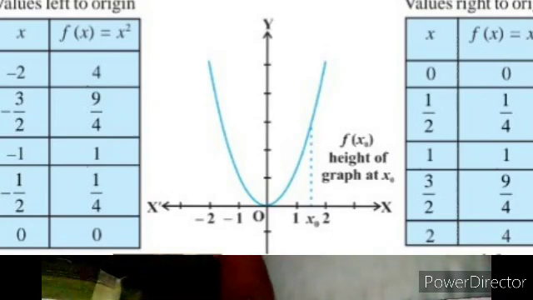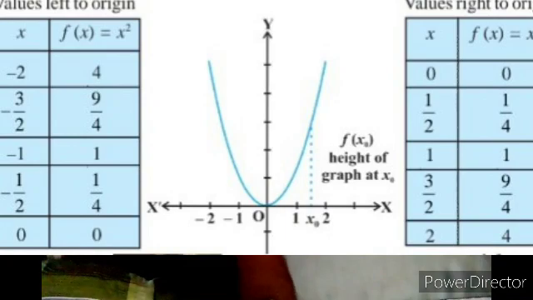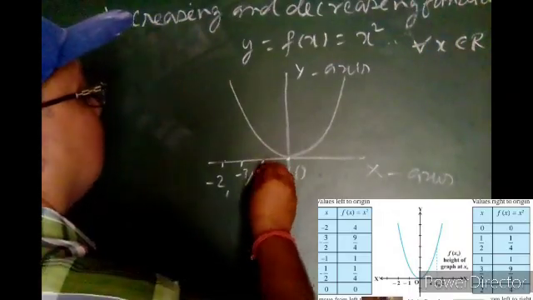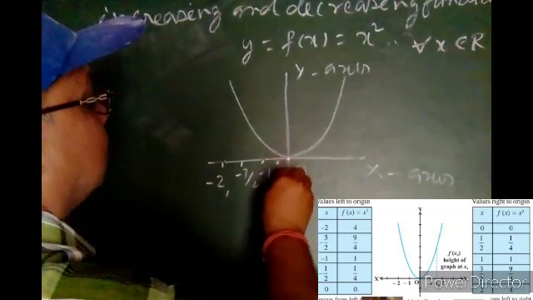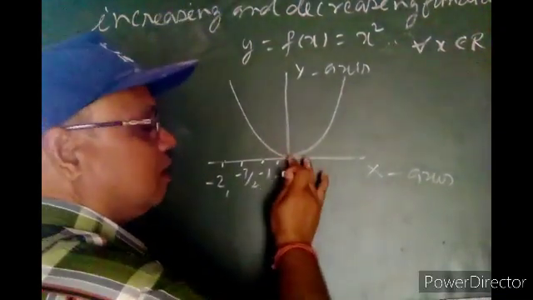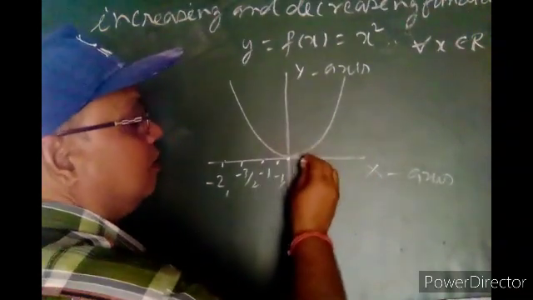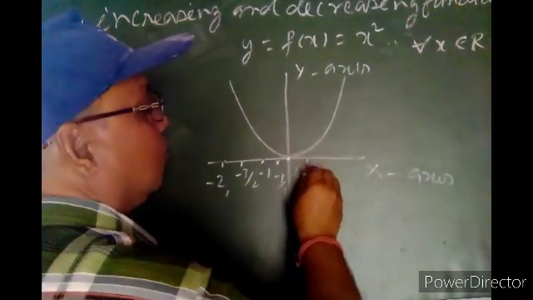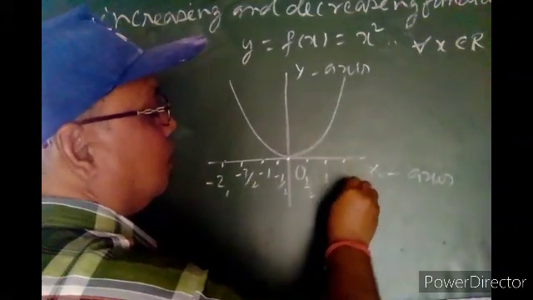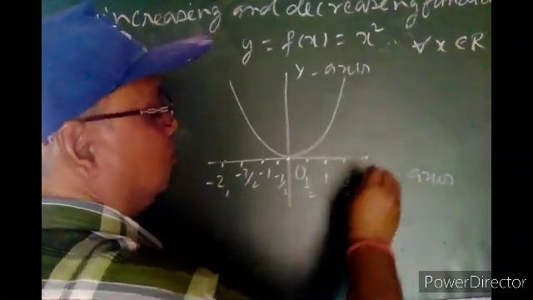From the left of 0, let us suppose this is minus 2, this is minus 3 by 2, this is minus 1, minus 1 upon 2. In the right of 0, this will be 1 upon 2, 1, 3 upon 2, and this will be 2.